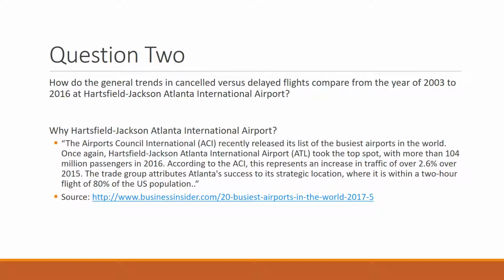Once again, Hartsfield-Jackson Atlanta International Airport, ATL, took the top spot with more than 104 million passengers in 2016. According to the ACI, this represents an increase in traffic of over 2.6% over 2015. A trade group attributes Atlanta's success to its strategic location, where it is within a 2-hour flight of 80% of the US population. And that is why I picked Hartsfield-Jackson Atlanta International Airport over all the other ones in this dataset.